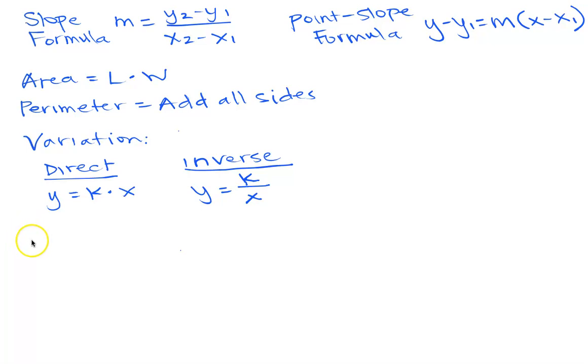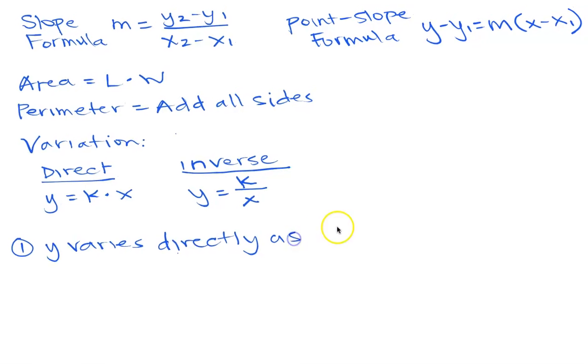Okay, so let's look at an example like that. I'm just going to number these. Problem one: y varies directly as x.